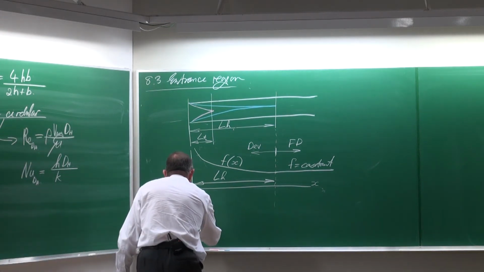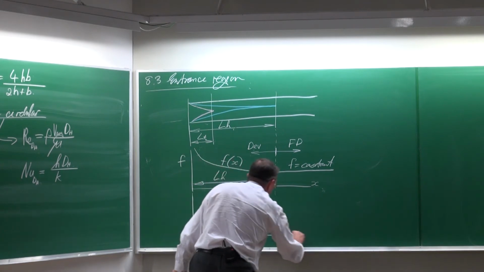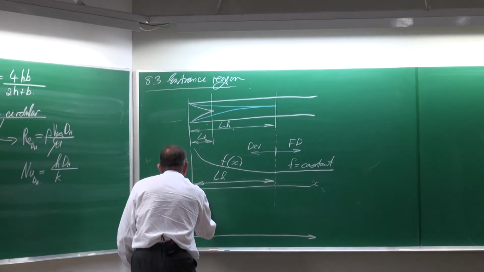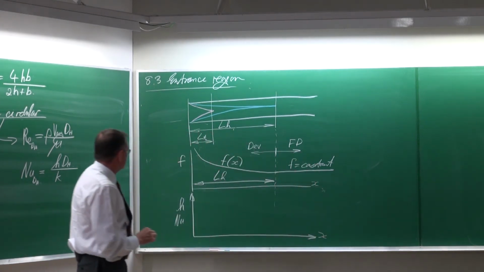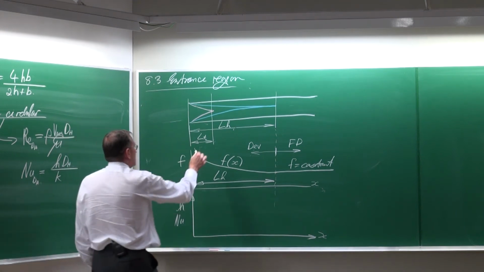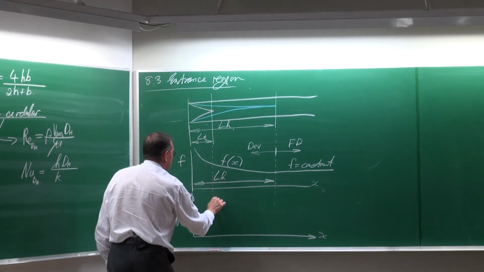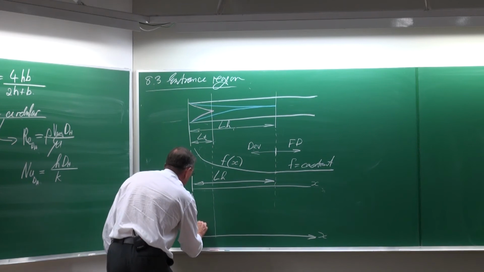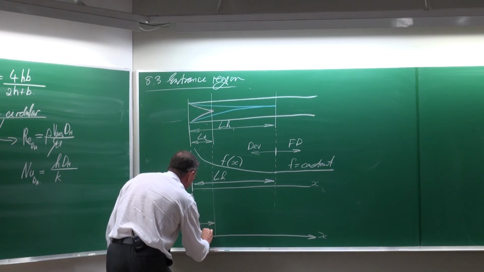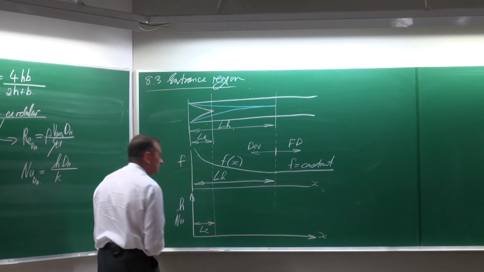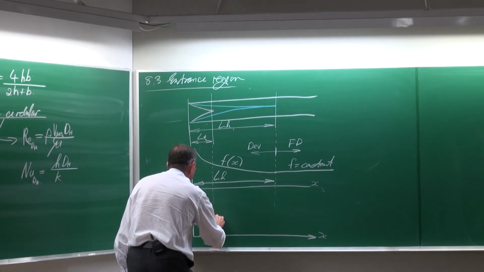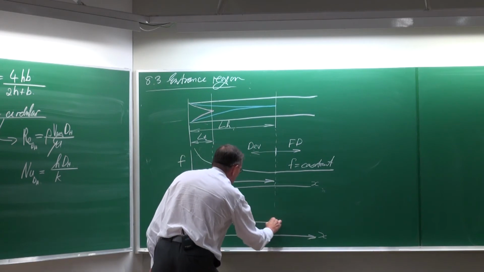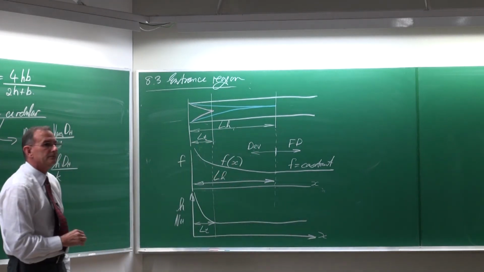Now similarly, if we plot the heat transfer coefficients or the Nusselt numbers as a function of x, then that is the length that determines if the flow is fully developed or not. That is LT. And the result would be that the heat transfer coefficients or the Nusselt numbers would do something like that.